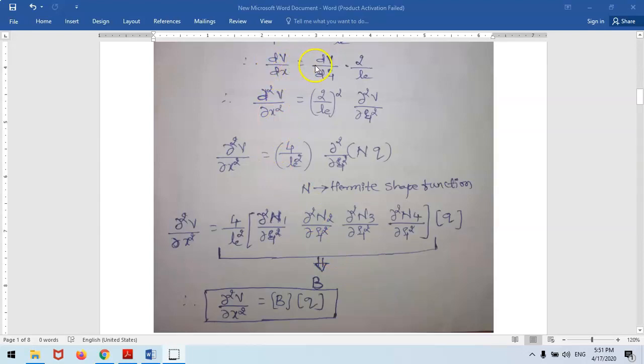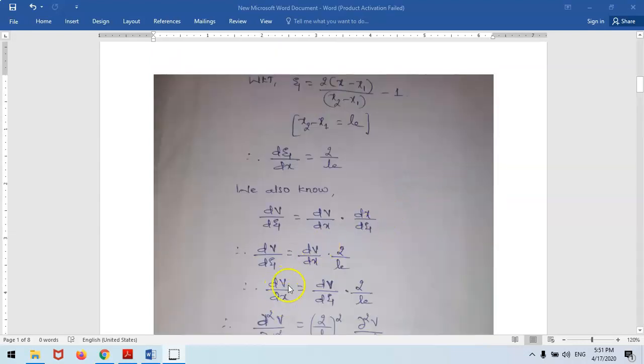dv by dx is equal to dv by d zeta into 2 by LE, what we are getting now. And what is necessary is dv by dx. So I have just replaced dv by dx with dv by d zeta. This was the equation earlier. Now I have got this, and this is the required quantity.